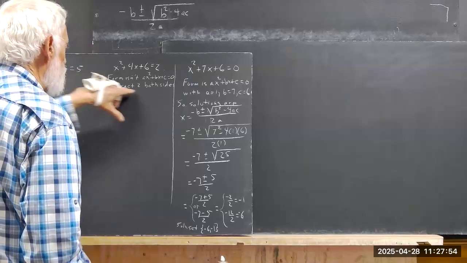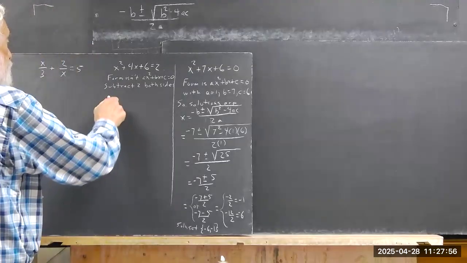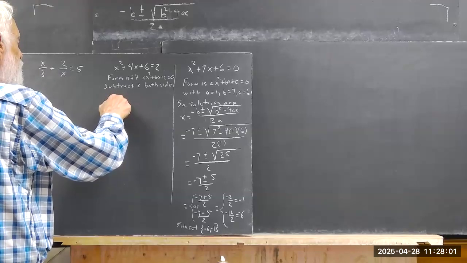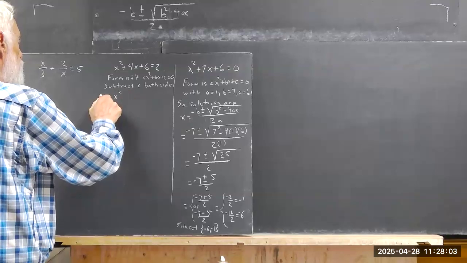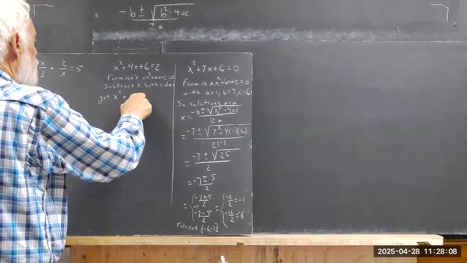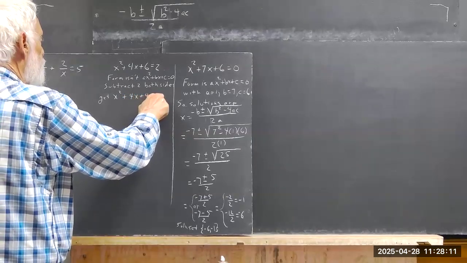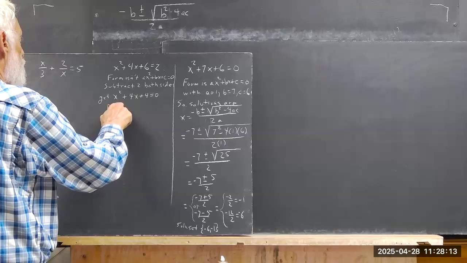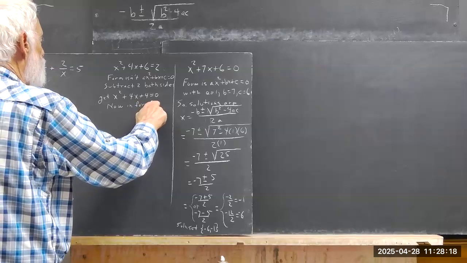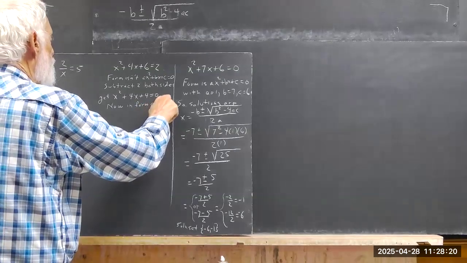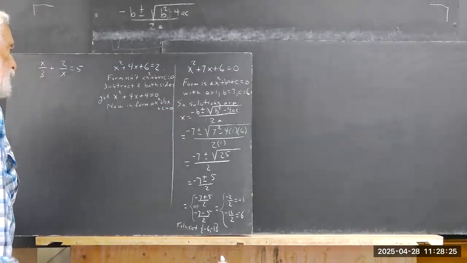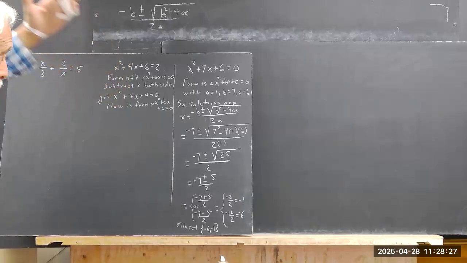So what we do is subtract 2 from both sides. Get x squared plus 4x plus 4 equals 0. Now we're in the form ax squared plus bx plus c equals 0.